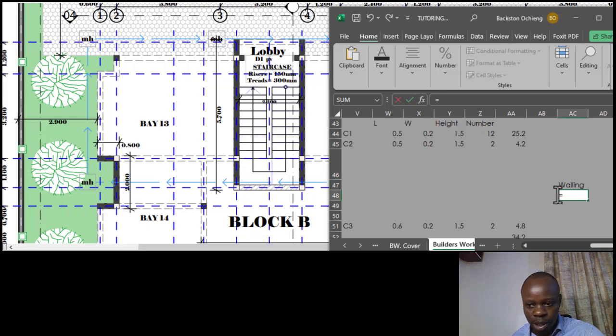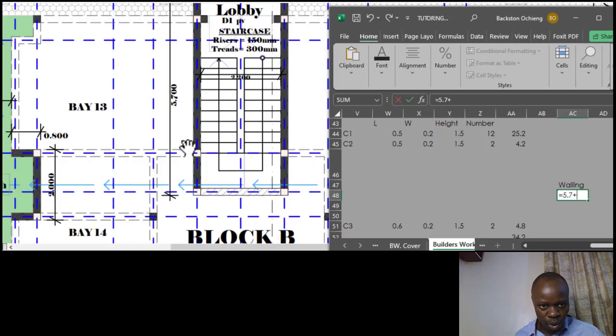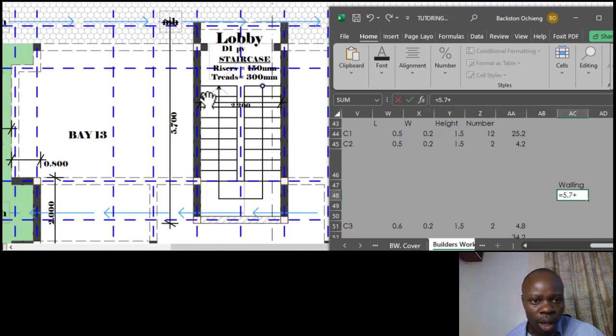So I would like us to measure the length. It's going to be 5.7. Okay, 5.7 is the length on the longer side, and if I could just zoom it in again, that length is to the outside. So we are supposed to get to the inside, I mean the mean of the same.